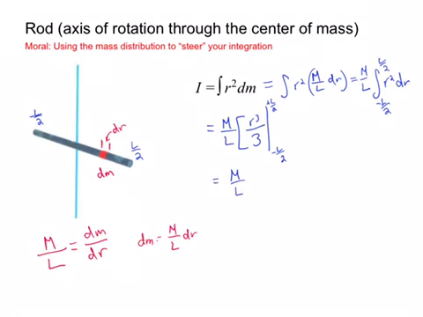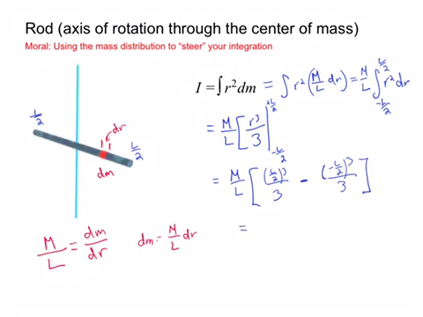So let's finish wrapping up this integral. We now plug in L over 2 to the third over 3 minus the lower limit to the third over 3.